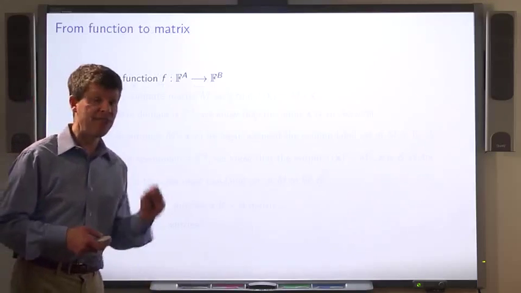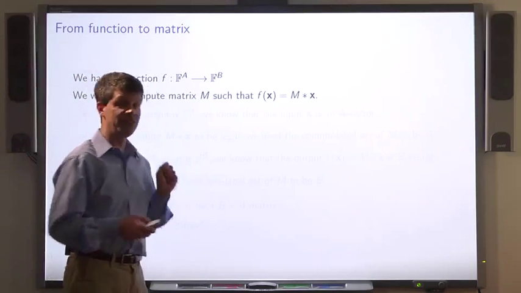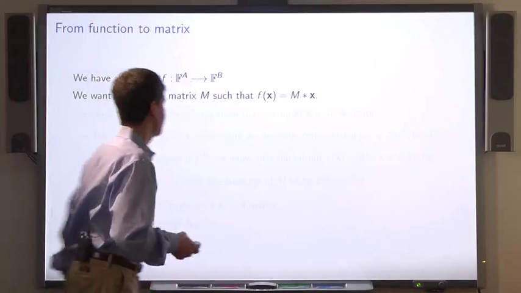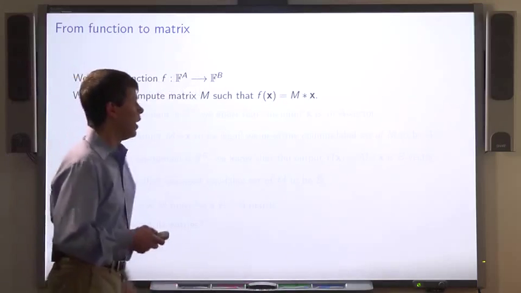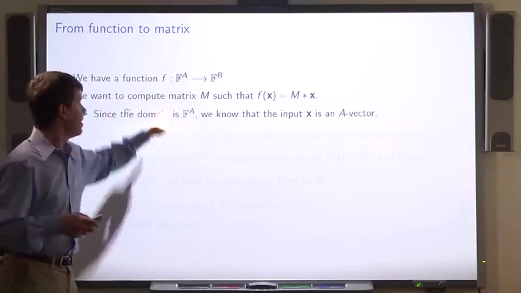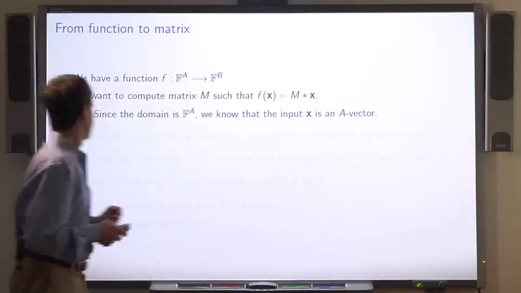Now let's say we have a function and we want to compute a matrix M such that the function is f of x equals M times x. We know that the domain, let's say the domain is F to the A. So we know the input is an A vector.